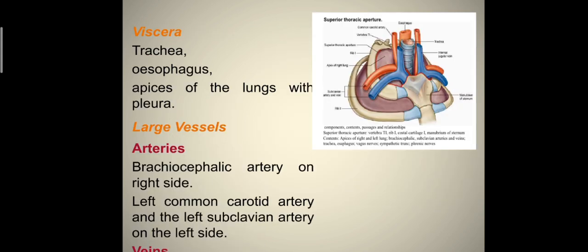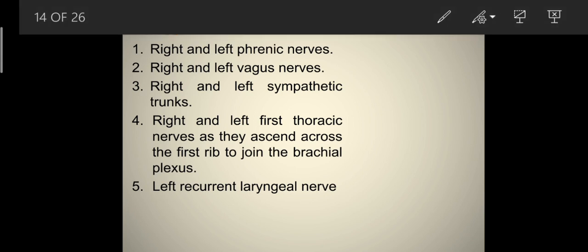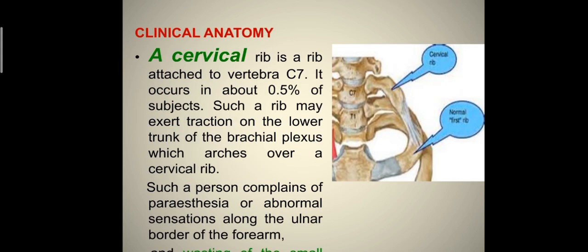Viscera are the trachea, esophagus and lungs with pleura. And nerves are the right and left phrenic nerves, right and left vagus nerves, right and left sympathetic trunks, right and left first thoracic nerves, and the left recurrent laryngeal nerve. These nerves pass through the inlet of the thorax.